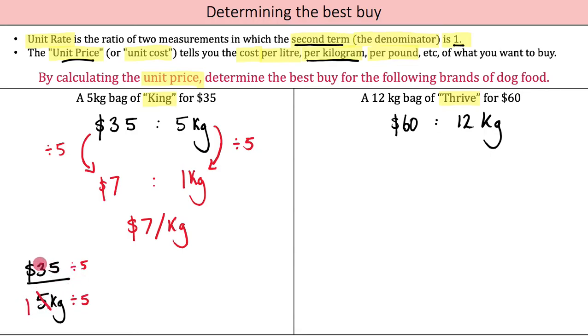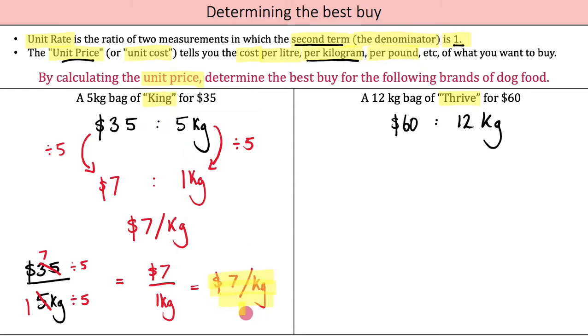This will become 1, this will become 7, so I'm left with $7 over 1 kilo, and that's exactly the same as $7 a kilo. So we can easily change our notation to fractions when we're dealing with ratios, because it's all the same thing. All right, so now we know that this brand of dog food is $7 a kilo.